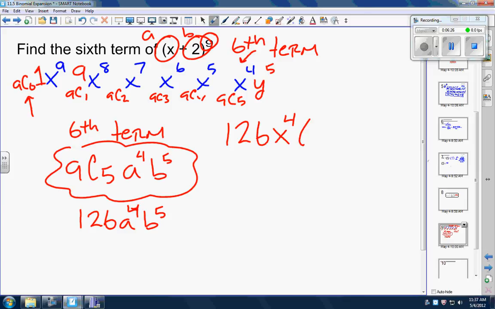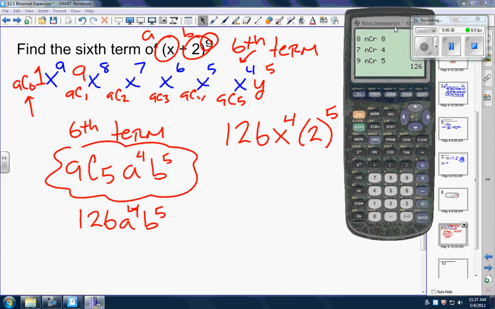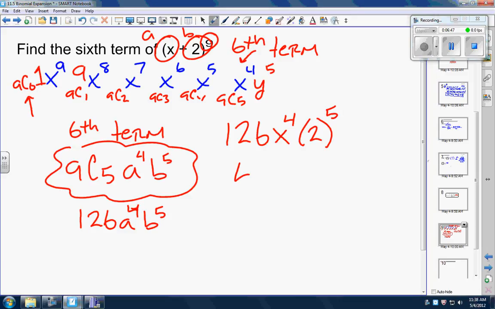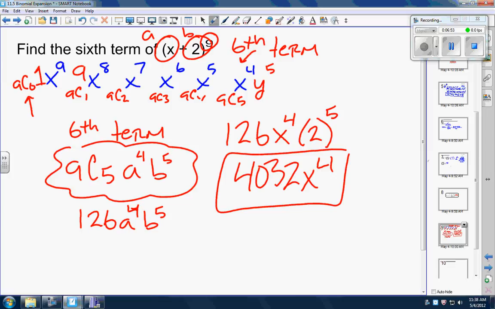Now it's B, which is a 2, and we need to raise this to the 5th. We're not going to have X's and Y's because we only have one variable in there. 2 to the 5th gets us to 32. Multiply it by that 126: 4,032. Okay, that's what your sixth term is.